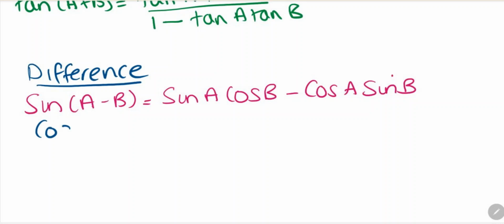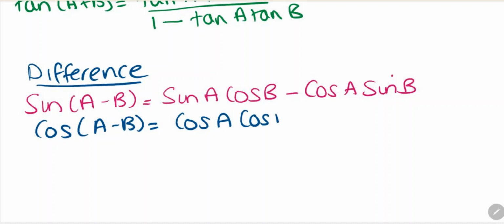If we're using cosine, and it's a minus b, this is going to be cos a times cos b, and it's plus sine a sine b.